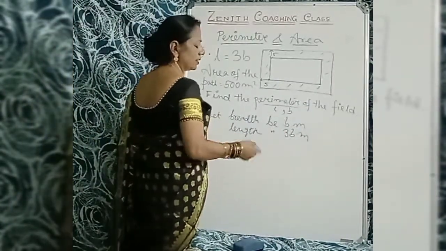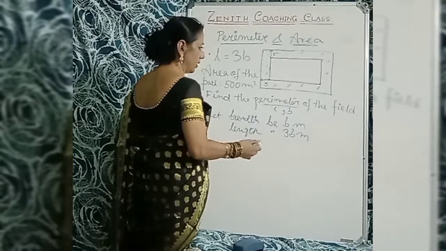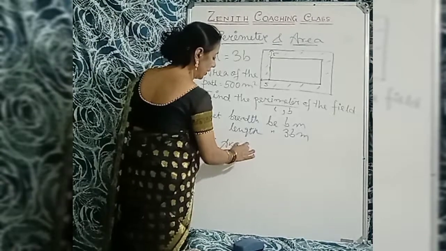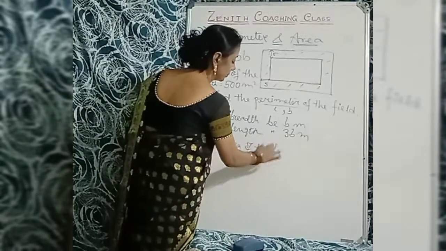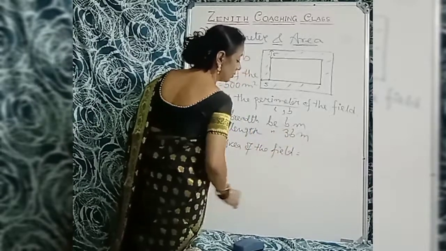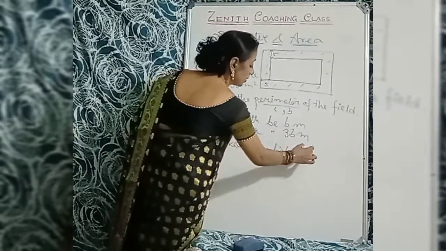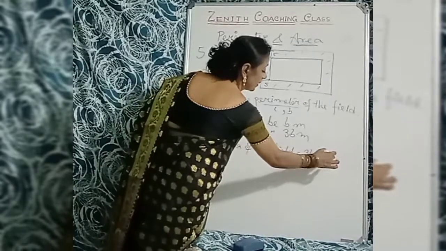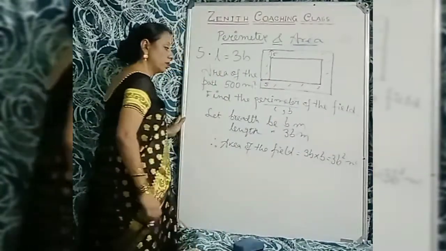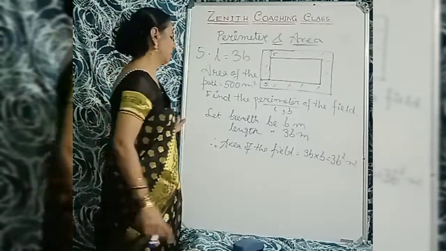So now you can easily find out the area. So area of the field equals to length into breadth. So length is 3b. 3b multiplied with breadth b. That is 3b square meter square. Understood? Didn't understand? Okay.